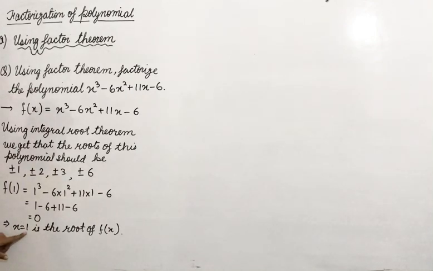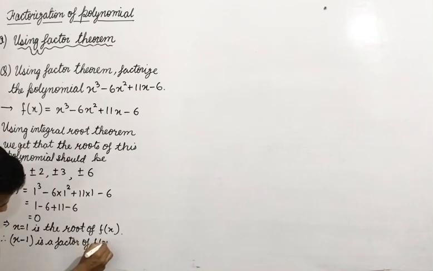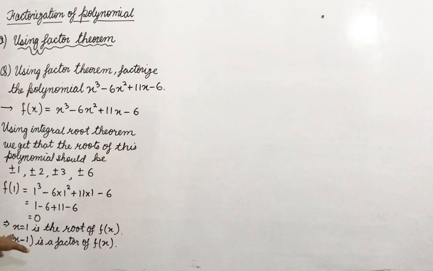Since x equals 1 is the root of f(x), therefore x minus 1 is a factor of f(x). If x equals 1 is the root, then x minus 1 is a factor.